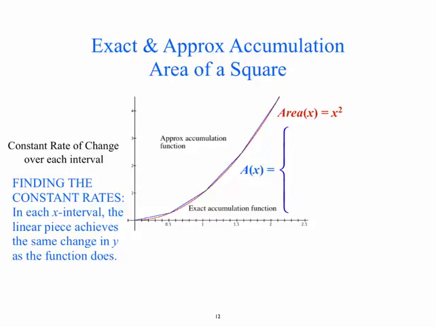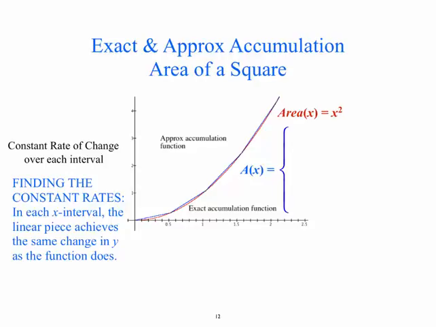we need the rate of change. Can we calculate the rate of change? How are we going to get the rate of change for this first segment? What is it? No, the rate of change isn't A of 0. Well, the rate of change is going to be the change in area for the change in side length. And we're going to use what we know.